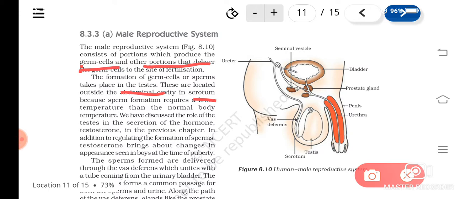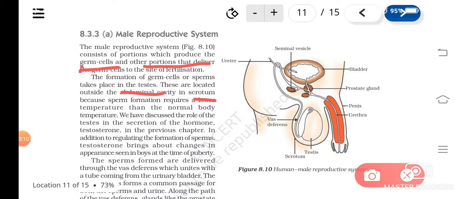Why is this located outside? Because I told you, what is the major function of the testis? To form the sperms. For the formation of sperms a lower temperature than the normal body temperature is required. Understood? So this is the reason why the testis is present outside the abdominal cavity.